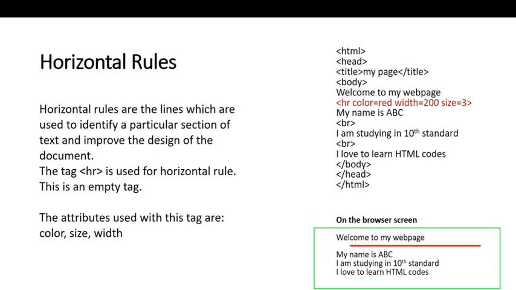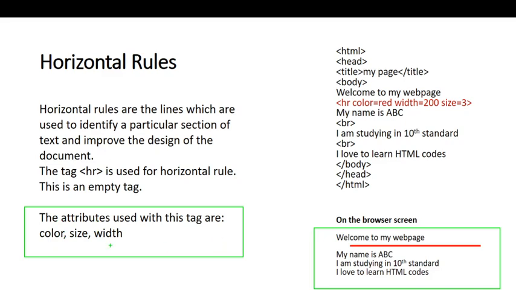Welcome to my page. Then you see a horizontal line appearing here, and then the text. Now the attributes are also used. These are the attributes of horizontal rules. If the question is asked, what are the attributes of horizontal rules, you can write color, size, width.